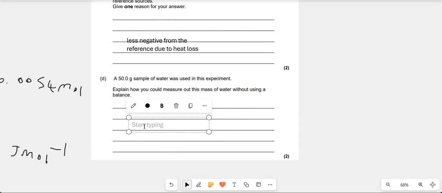You measure how much mass of that, basically, by measuring 50 centimeters cubed of volume, and water has a known density. So grams can be calculated from that.